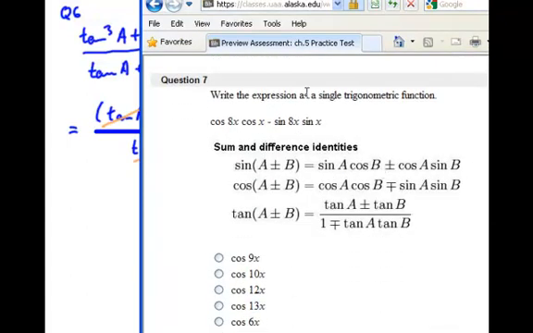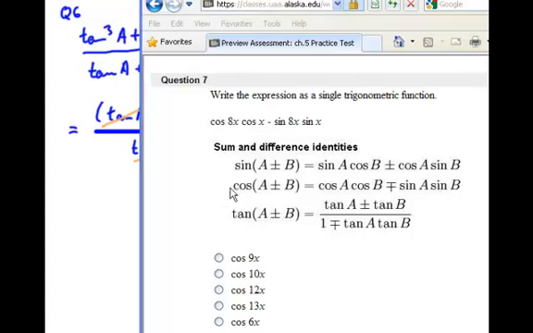Question 7 says write an expression as a single trigonometric function. So I have cosine 8x cosine x minus sine 8x sine x. For that one I'm looking at the right hand side, where I have a cosine times cosine minus sine times sine, and therefore I'm going to have cosine plus for that minus.